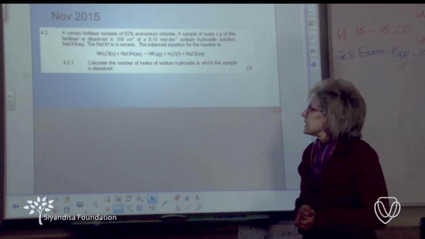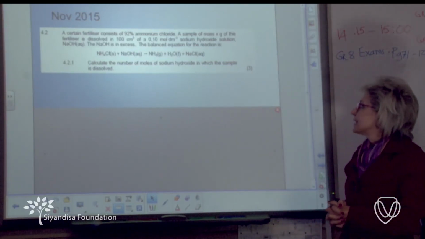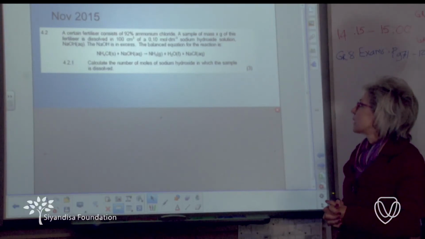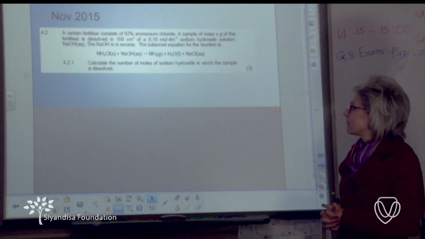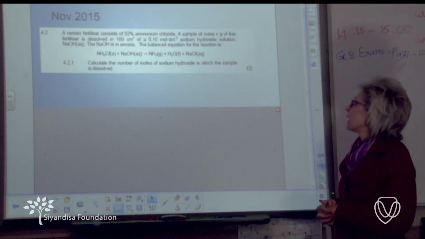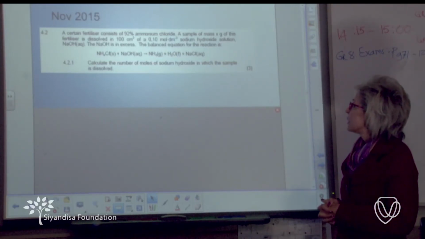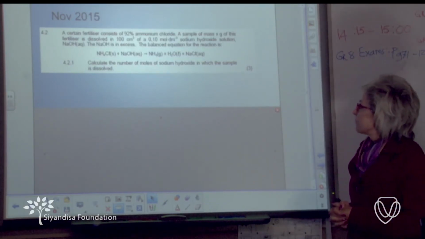November 2015, the question said, a certain fertilizer consists of 92% ammonium chloride. A sample of mass X gram of this fertilizer is dissolved in 100 cubic centimeter of a 1.0 mole per cubic decimeter sodium hydroxide solution, NaOH, where the formula is given.